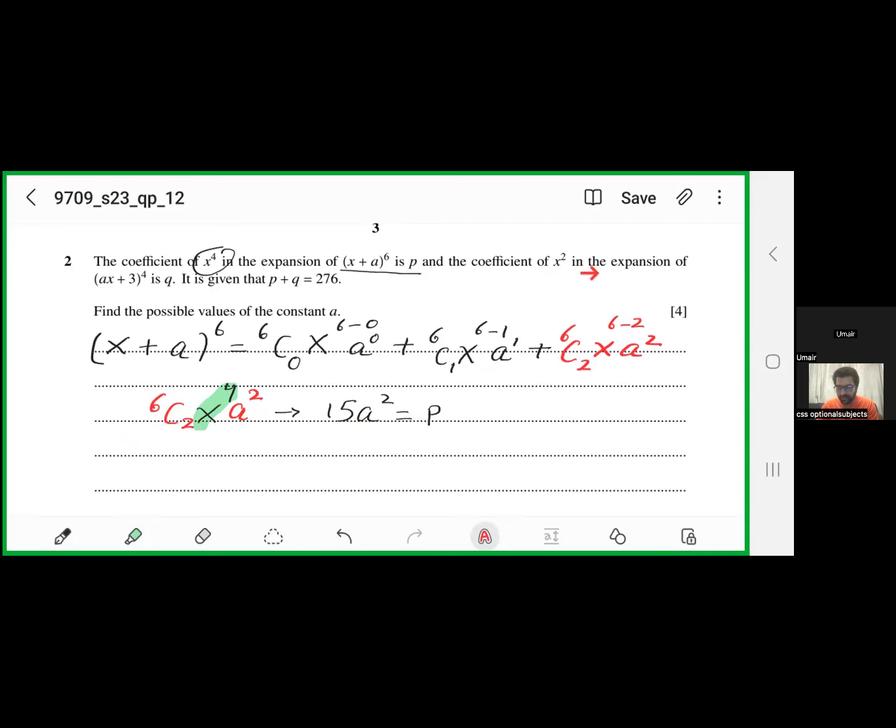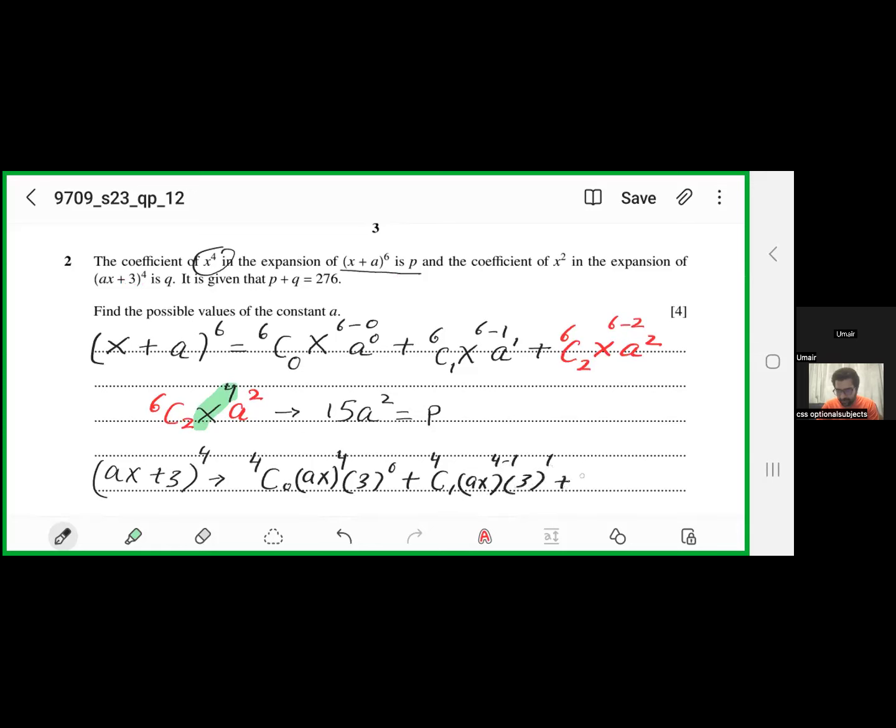And the coefficient of x square in the expansion of this is q. Okay, let us write the second one. (ax plus 3) whole power 4. Let us expand this one. 4c0 (ax) power 4 and 3 power 0 plus 4c1 (ax) power 4 minus 1 and 3 power 1.